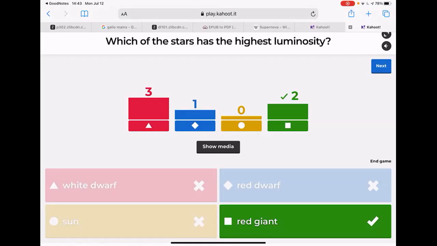Red giants, however, have a helium fusing core and a hydrogen fusing shell. That's a lot of fusion happening, so that creates a lot of energy and a lot of light. That's why red giants are the brightest a star will ever get. Our sun is going to become a red giant and become even brighter than it is now. So that's why red giant is the correct answer.